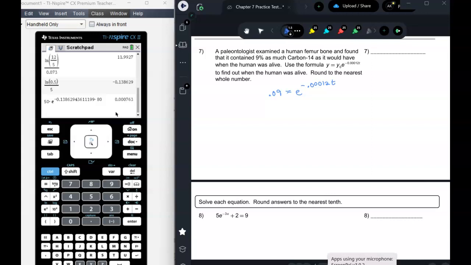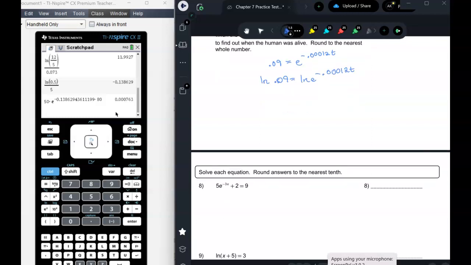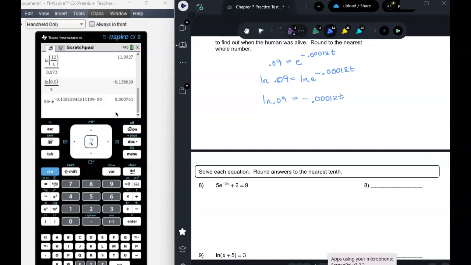So we're going to take natural log of 0.9 equals natural log of e to the negative 0.00012t. Good, so we get negative 0.00012t. So last, I want to just divide.